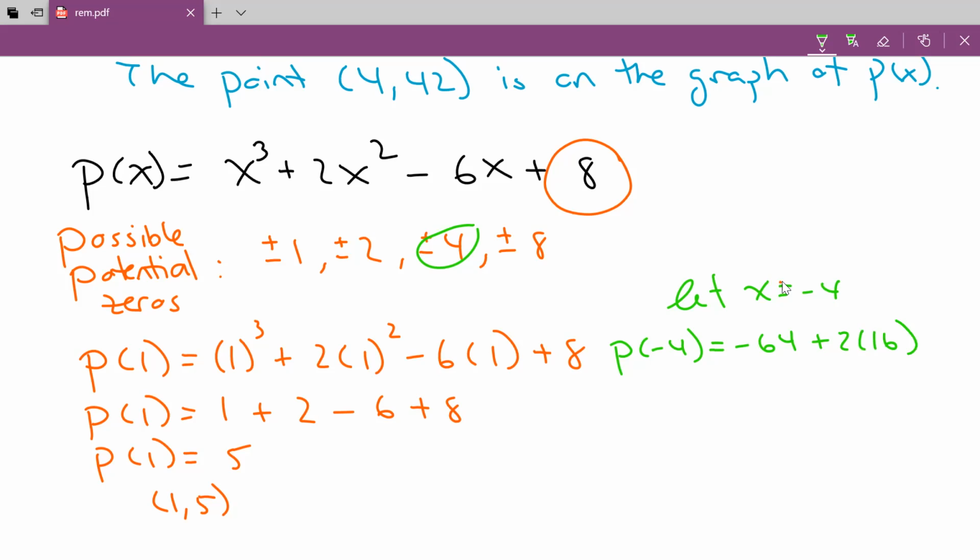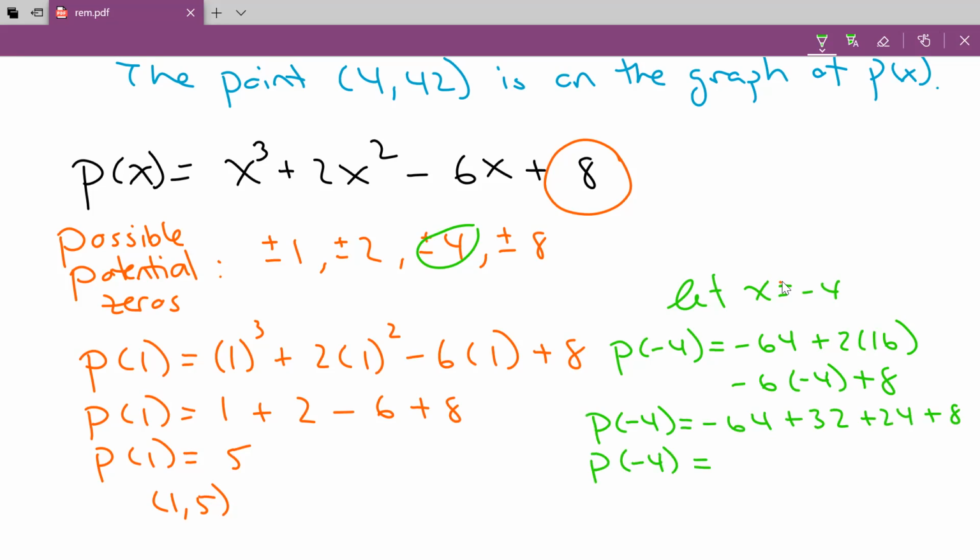And I'm running out of room here. I apologize. So I'm just going to write it downwards like this. And guess what we end up getting? -64 plus 32 plus 24 plus 8. Well, guess what? That's 0.